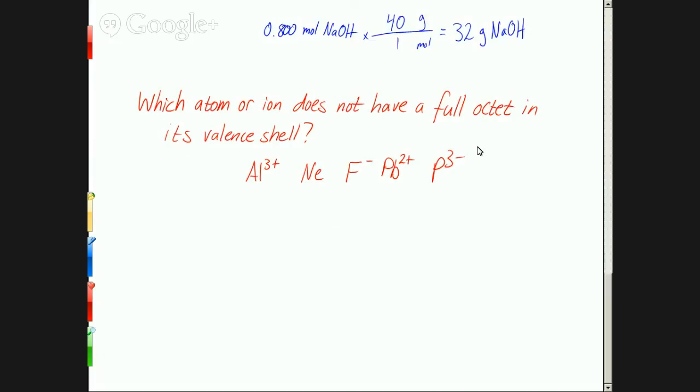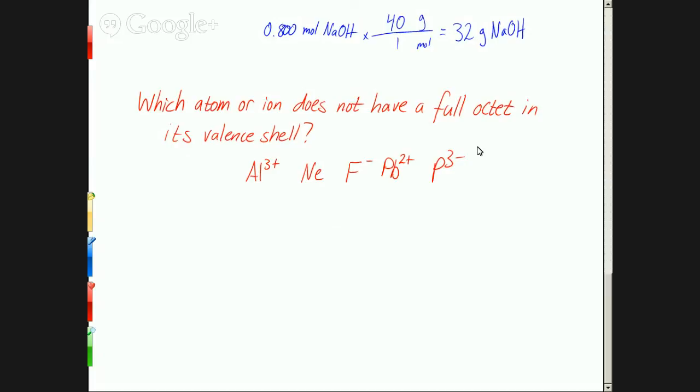Wait, like for lead? Yeah. It says on top it has like 4 bands. Right. So what does it mean if it's lead 2 plus? No, it's missing 2. Right. So then that's your answer, right? Yeah. So let's look at each of these.